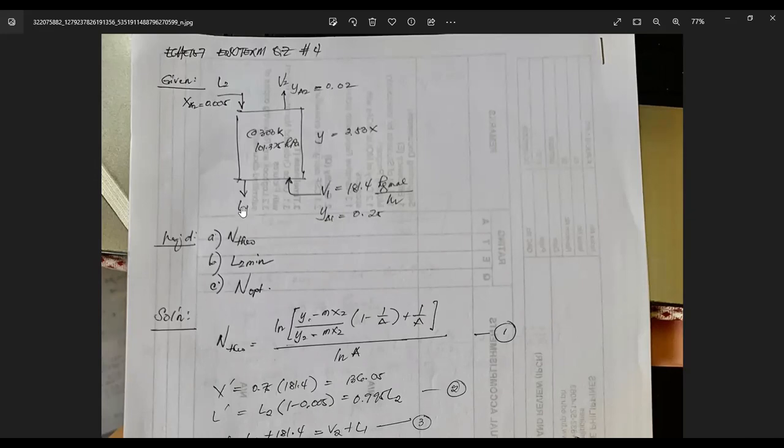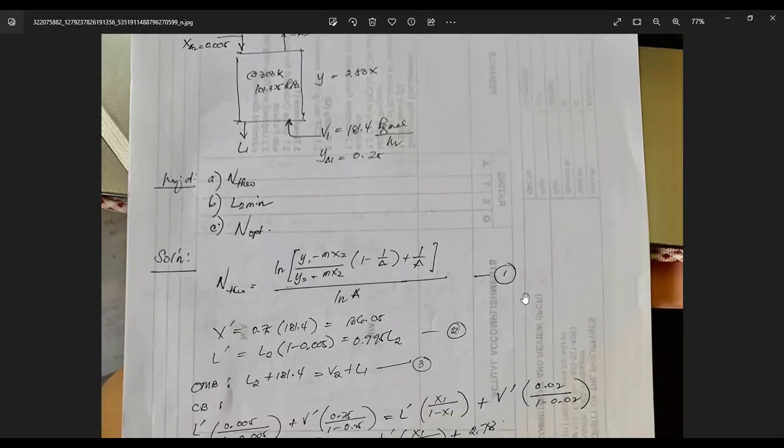So in the original requirement in the problem, you are to determine the theoretical number of stages, the minimum solvent requirement, which is L2 in my labeling, and the optimum number of stages. Your theoretical number of stages and the optimum number of stages use the same formula.